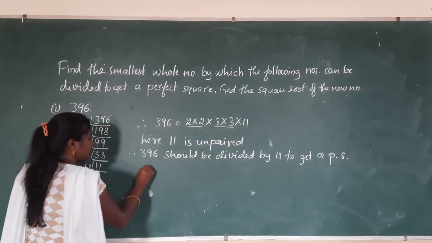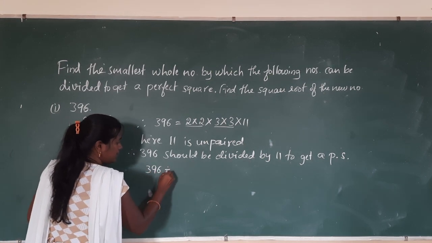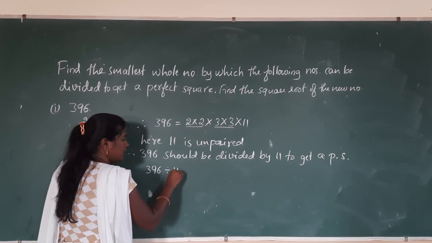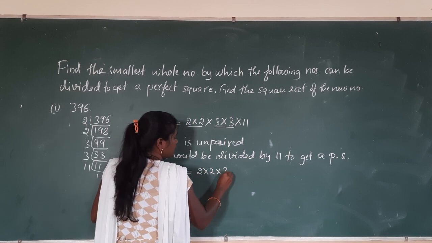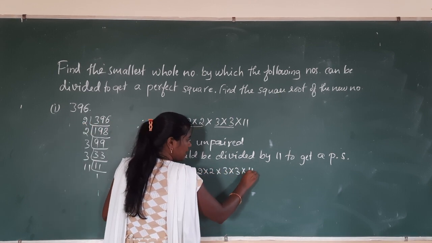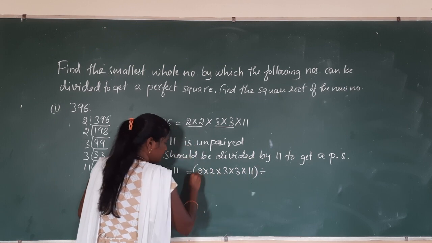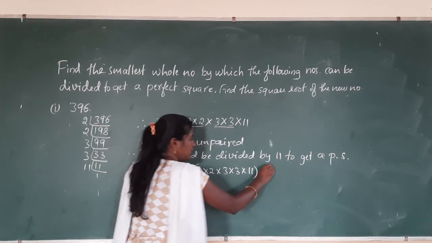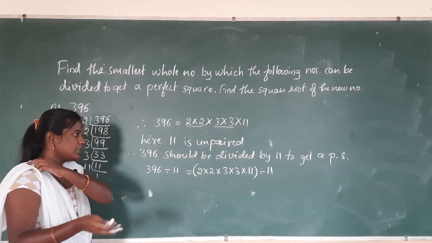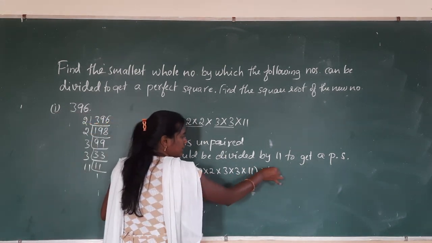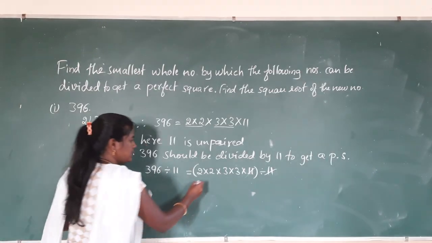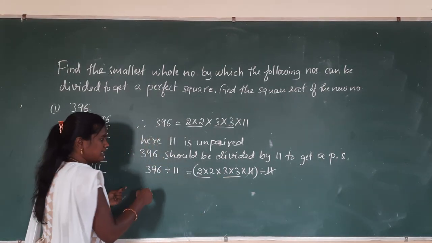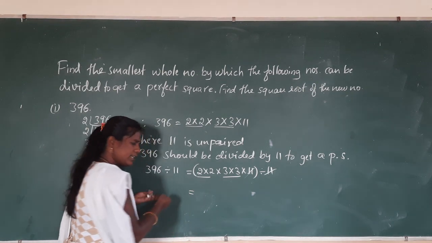That is, 396 divided by 11 equals 2 into 2 into 3 into 3 into 11, divided by 11. When you divide, 11 gets cancelled here. Now we can get the answer.